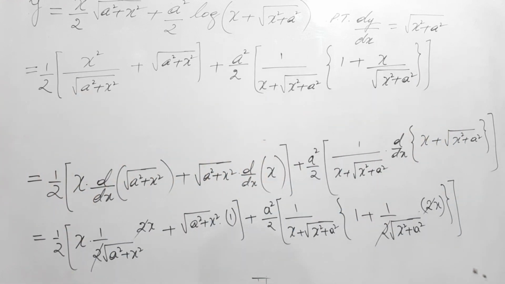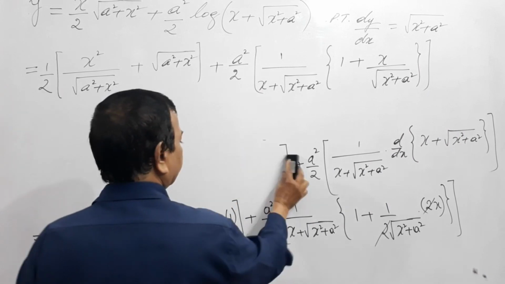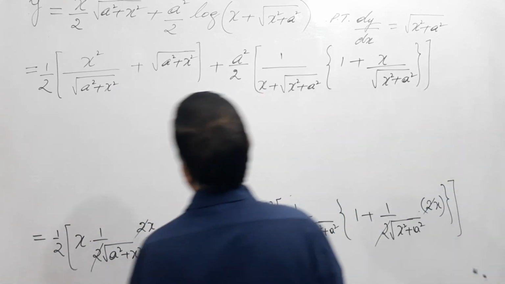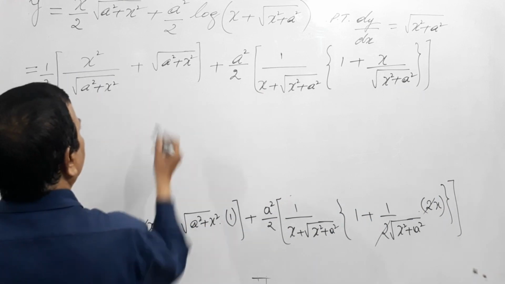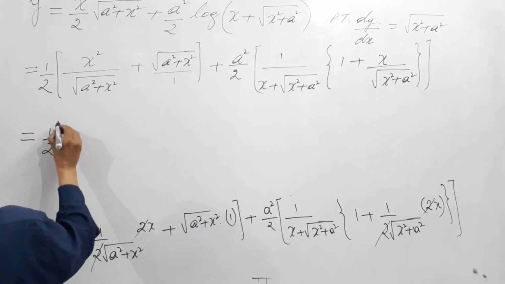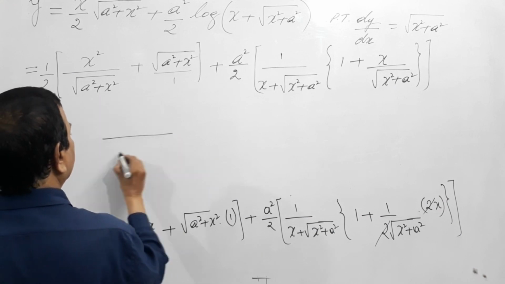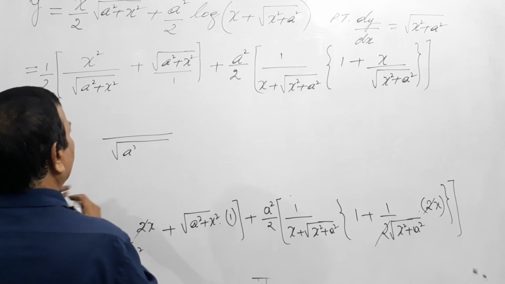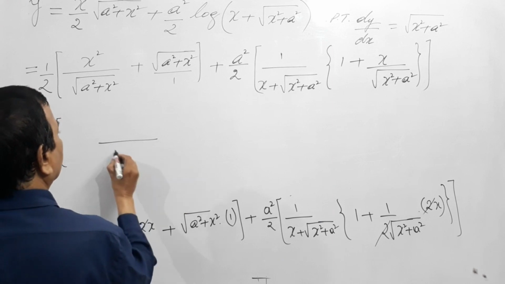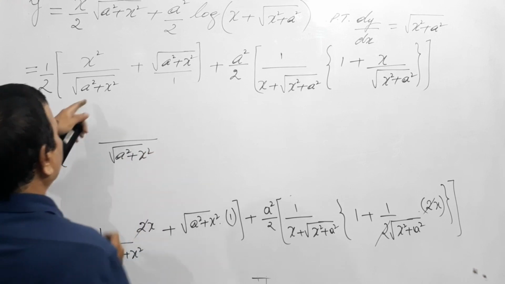Please follow the steps. It's very simple. I will take LCM here for this also. So this is equal to half, under the root a square plus x square, goes one time.